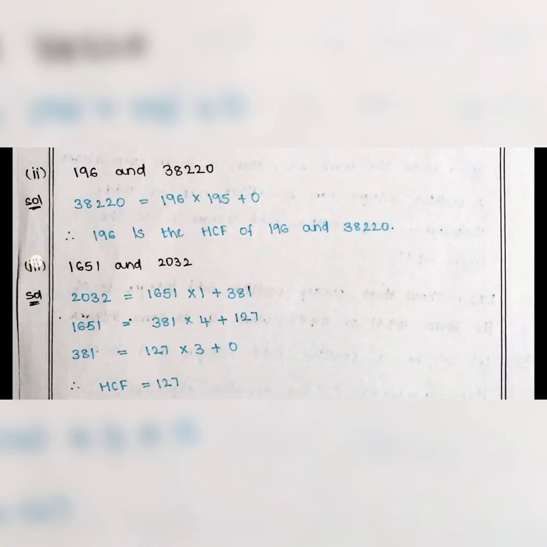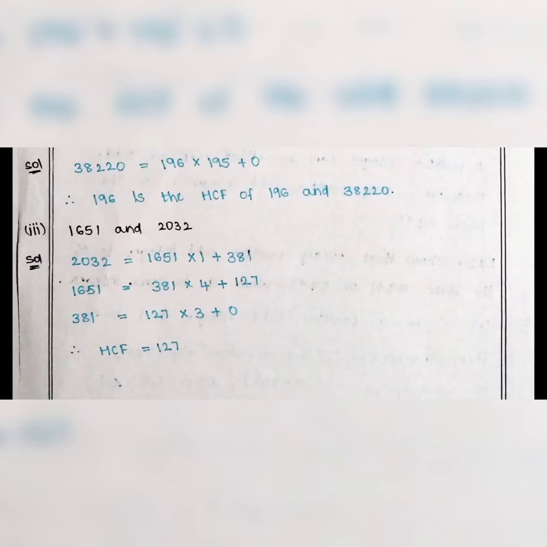Third bit, 1651 and 2032. If we take 2032, we express it as 1651 into 1, and what is left out is 381. With that 381 again we have to multiply so that we get some remainder, plus 127, we get 1651.